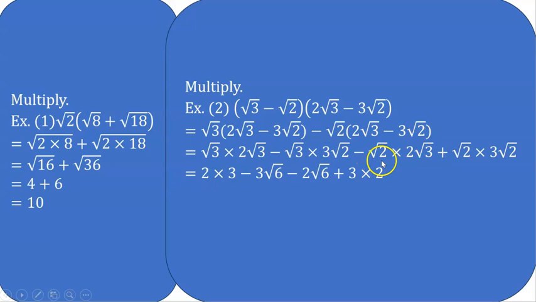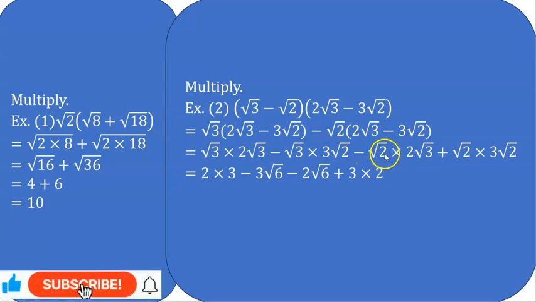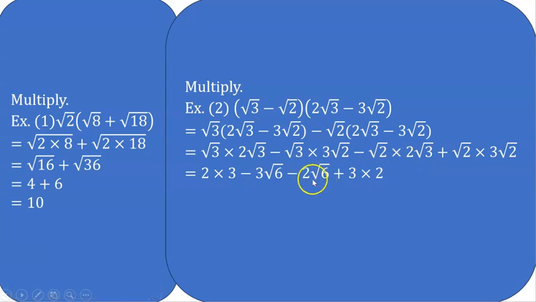Both of them have the same order, therefore in root of 2 into 3, you will get root 6, and hence you will get minus 2 root 6. And root 2 into root 2 gives root of 4, and root of 4 is 2, and hence 2 into this 3, you will get 6.